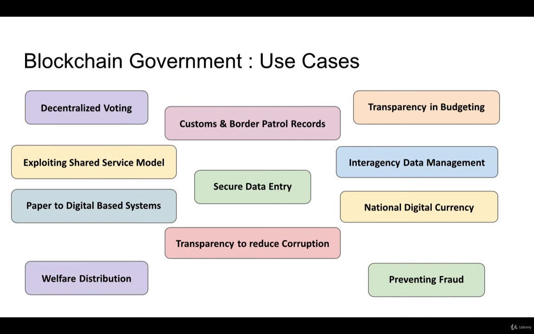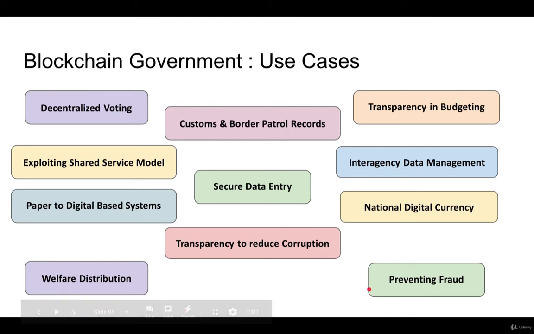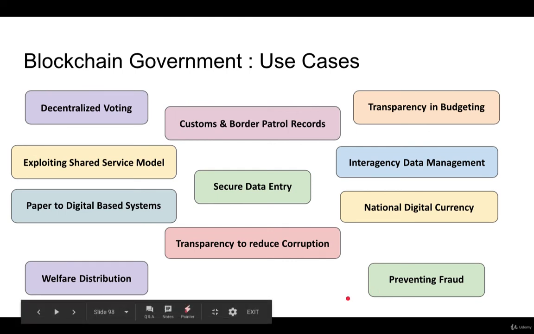It depends on individual agencies what they are planning in countries if they want to include digital currency. And for digital currency, the best place to store the data is blockchain. The other use case in the government sector is, as we looked at, corruption. So overall, with data being secure and not replaceable, we can prevent frauds in the government sector.